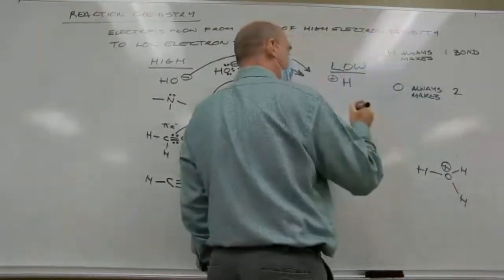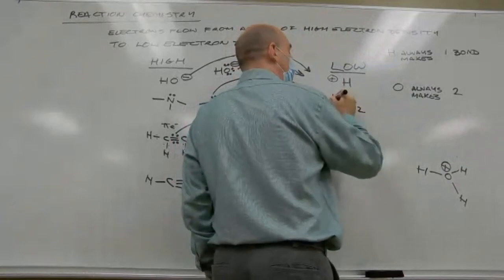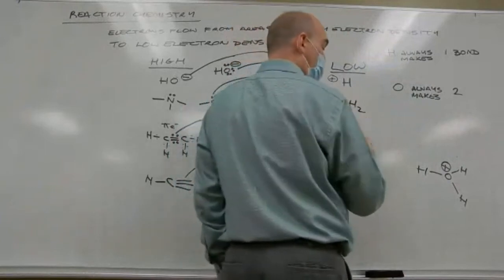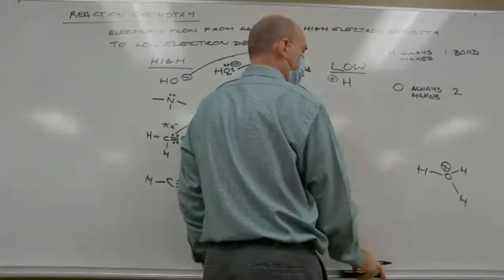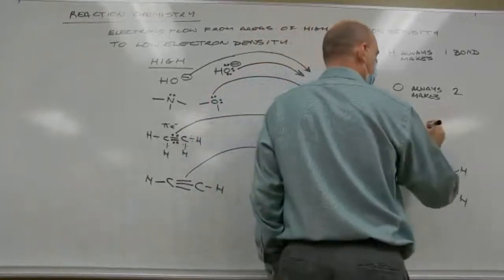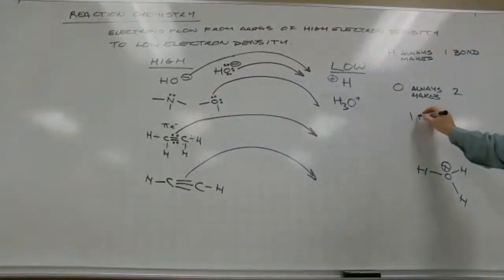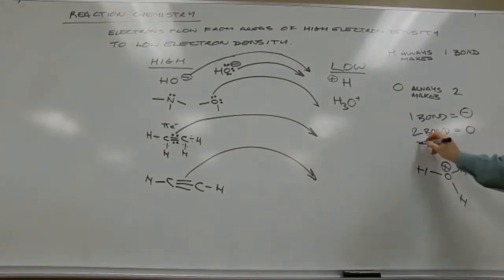I didn't need to erase that, but I just did. So if I were to see, I'll write it the other way. So if oxygen makes 1 bond is a negative, 2 bonds is 0, 3 bonds is a positive.